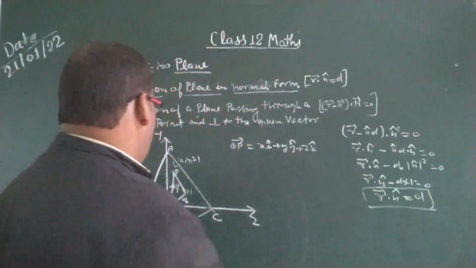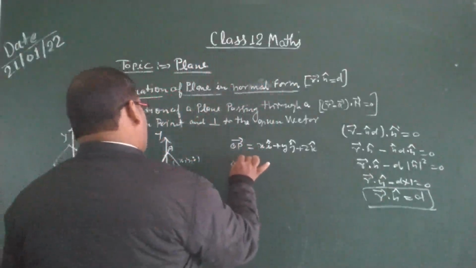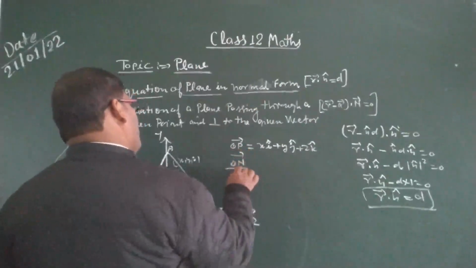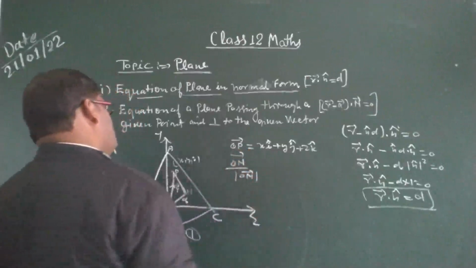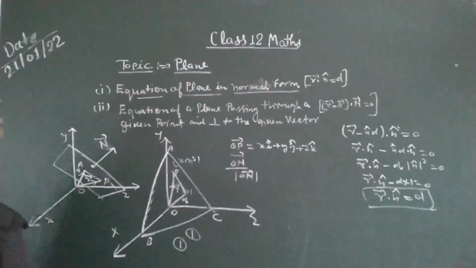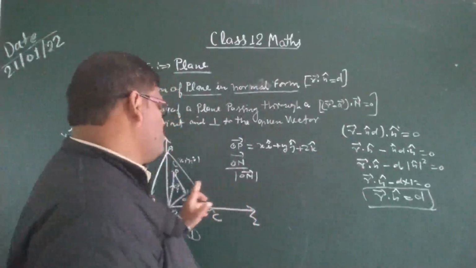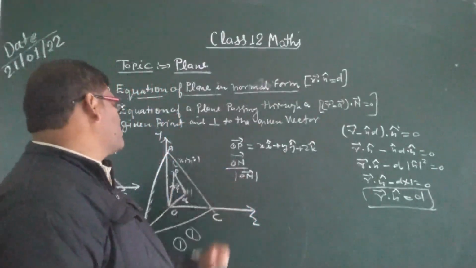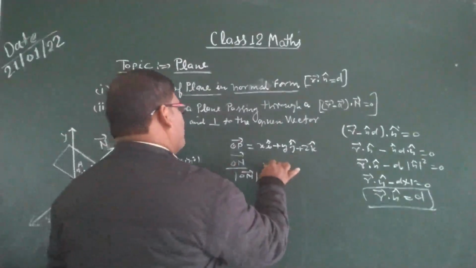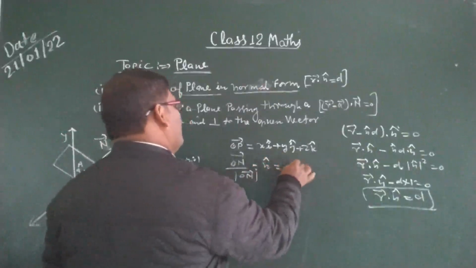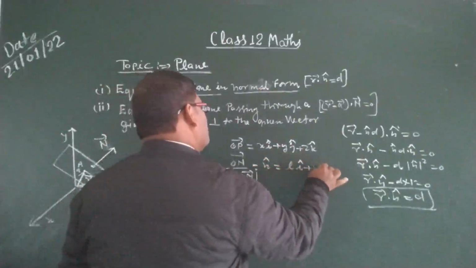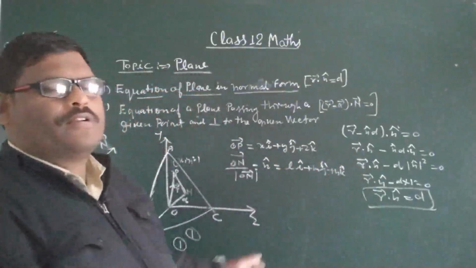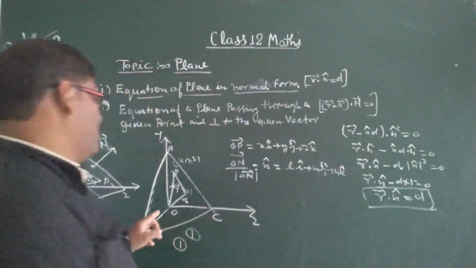Therefore, the unit vector corresponding to the vector ON, obtained by vector ON divided by mod of vector ON and represented as n cap, is equal to l i cap plus m j cap plus n k cap, where l, m, n are the direction cosines of the vector ON.